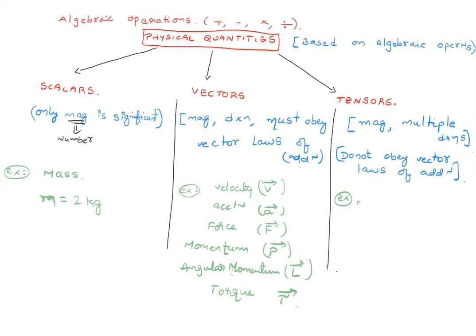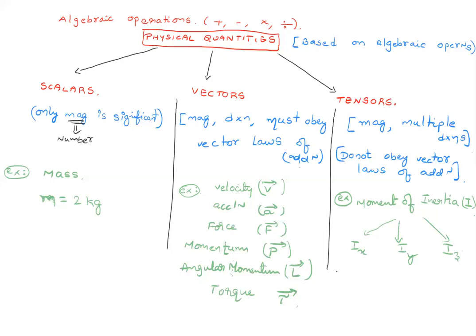Moment of inertia is represented by the symbol I. This moment of inertia can be defined along the x-axis, along the y-axis, or along the z-axis. In whichever direction you define it, in that direction you will have this moment of inertia.